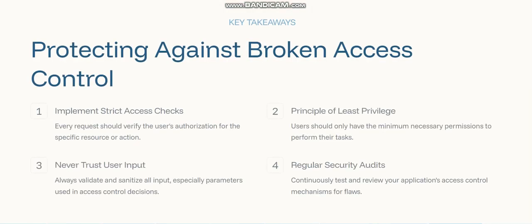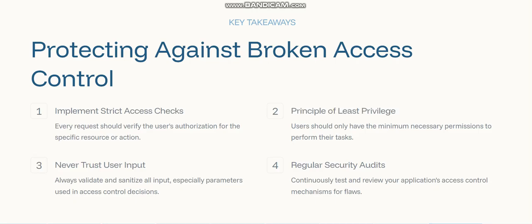These are some points which can protect the application from broken access control attacks. First is to implement strict access checks, meaning check the authorization properly. Second is the principle of least privilege. It's a very well-known principle in cybersecurity.